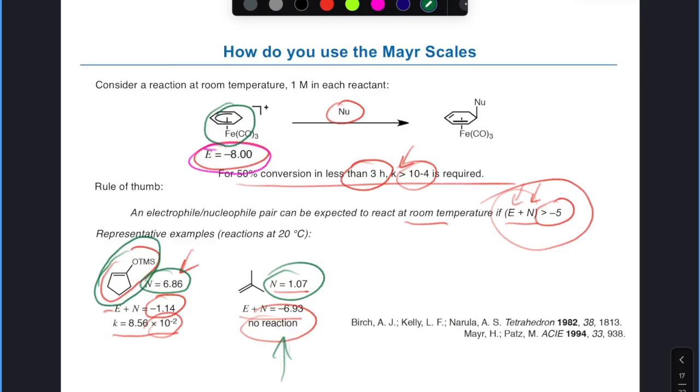And then you're saying, if this is my mechanism, I'm generating a molecule like the one at the top as my electrophile, and maybe another molecule like this one as part of my co-catalytic system as my nucleophile, and I believe that this coupling between the two of them is very, very, very fast. Well, you could go back to the Mayr reactivity scales, find those two molecules and ask, is that possibly true? If I generate these two materials as catalytic intermediates, is there a fast or slow reaction predicted?